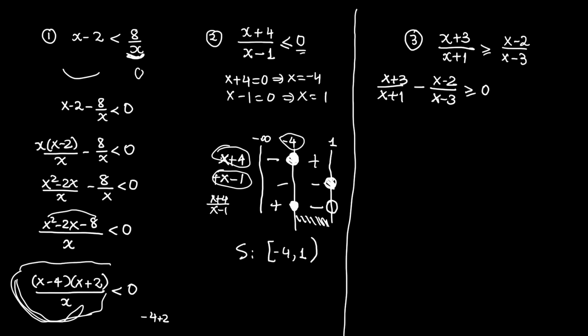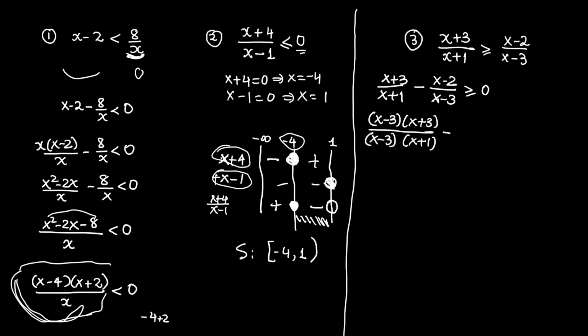So I have to have the same denominator. So what I'm going to do is (x - 3)(x + 3) divided by (x - 3)(x + 1). It's still the same, right? Because I can cancel x - 3, so it's still the same.